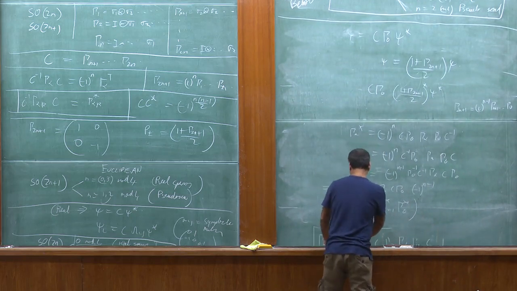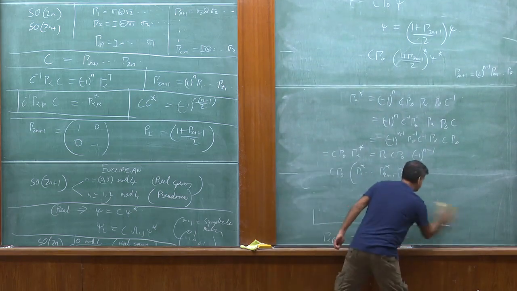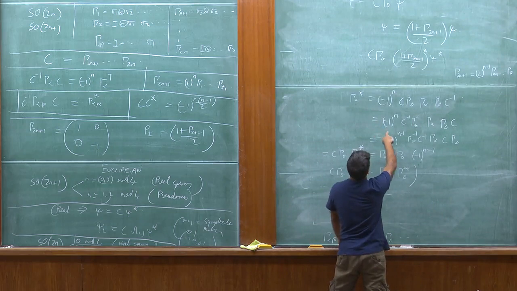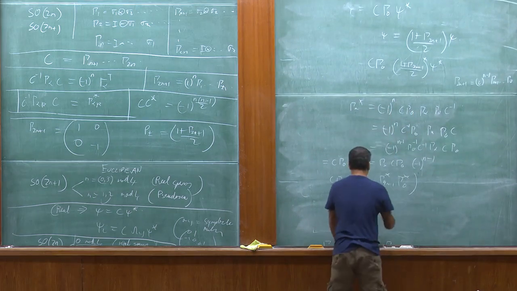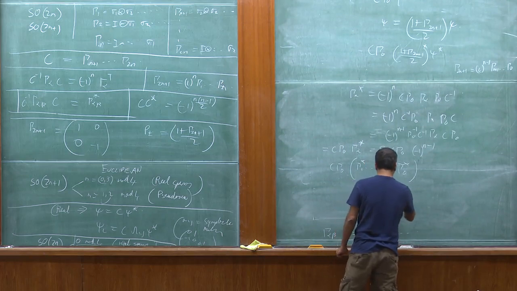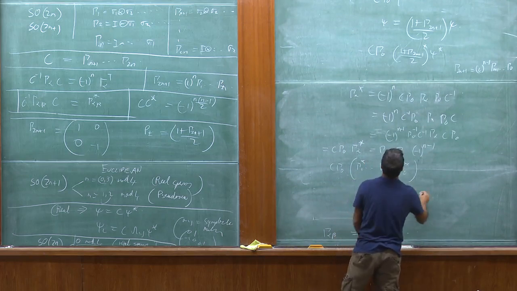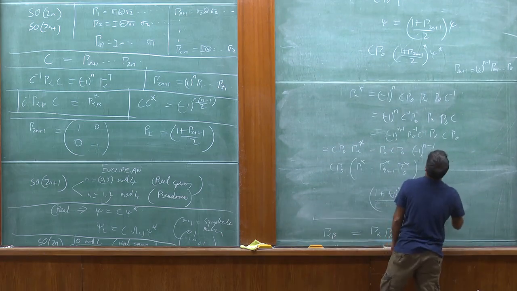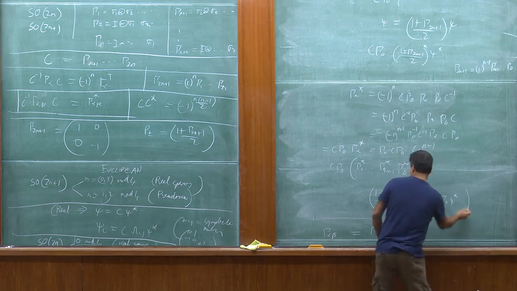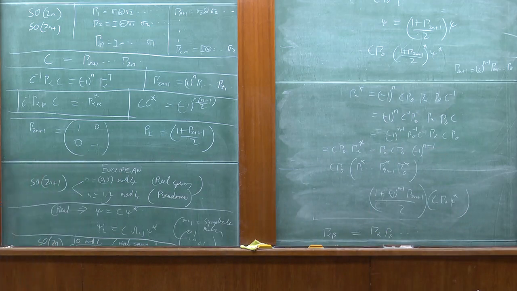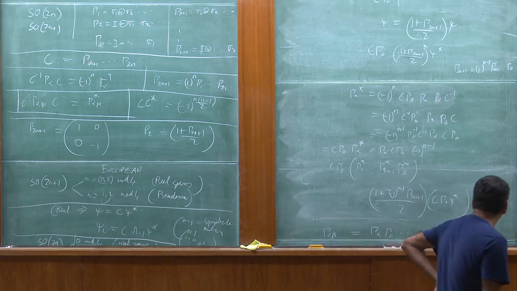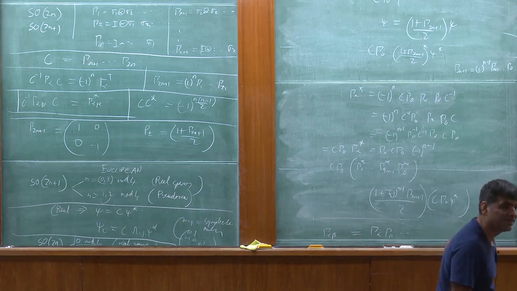Because we've got this i to the power n minus 1, now we find that, so what have we found? We found that this is 1 plus minus 1 to the power n minus 1 gamma 2n plus 1 over 2 times C gamma 0 psi star. Right.